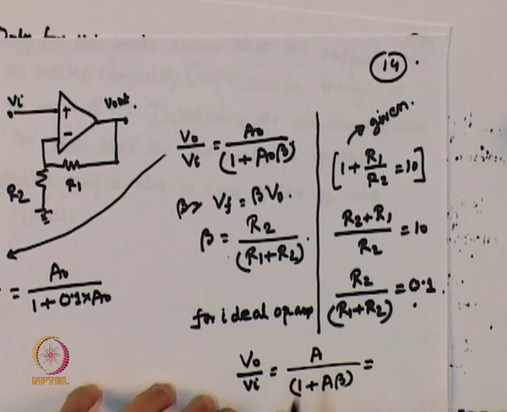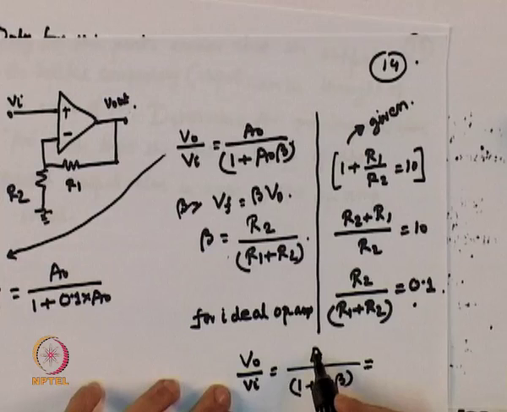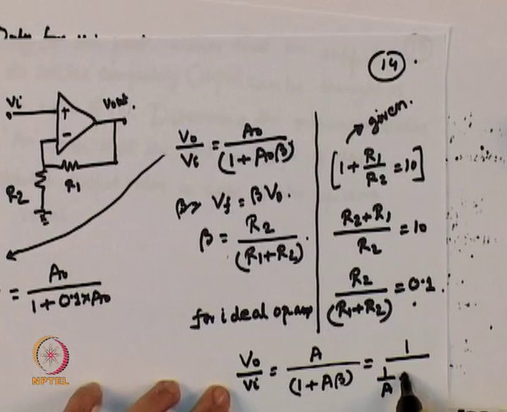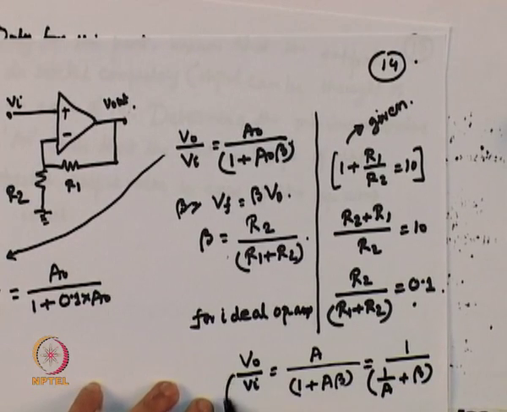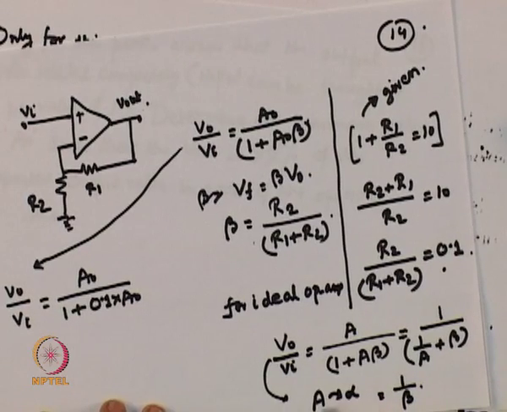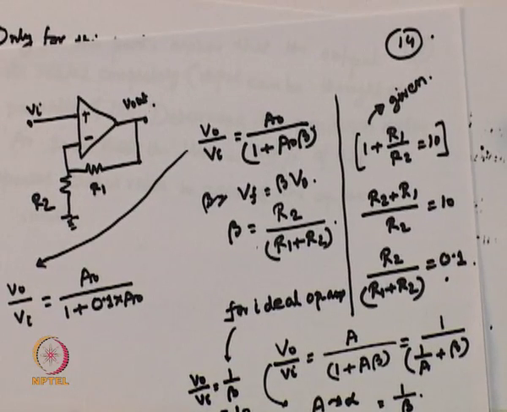For ideal op amp, the open loop gain is infinite. So, 1 by (1 over A plus beta). Now, for the ideal case, as A tends to infinity, we can write that it comes out as 1 by beta. So, Vo by Vi for ideal op amp comes out to the same value given in the problem, that is 10.